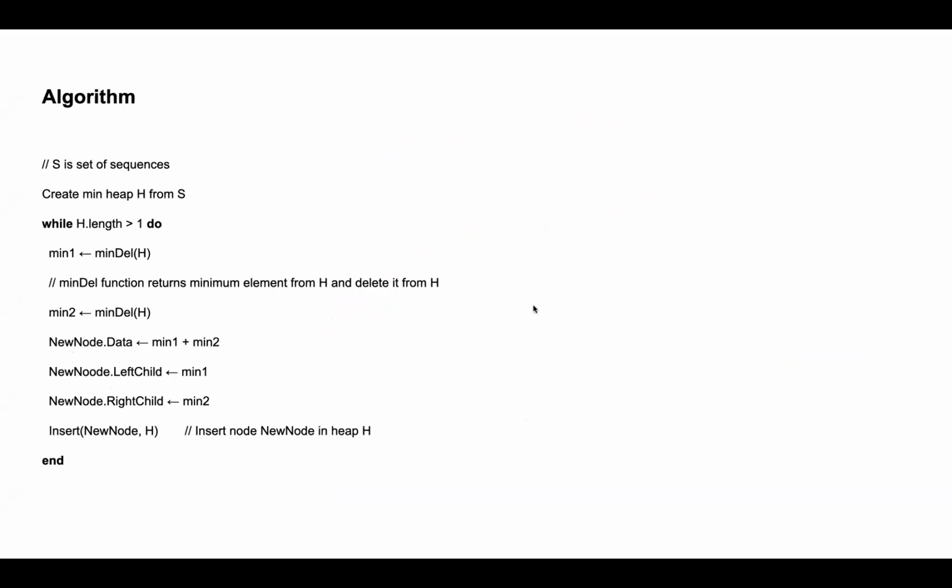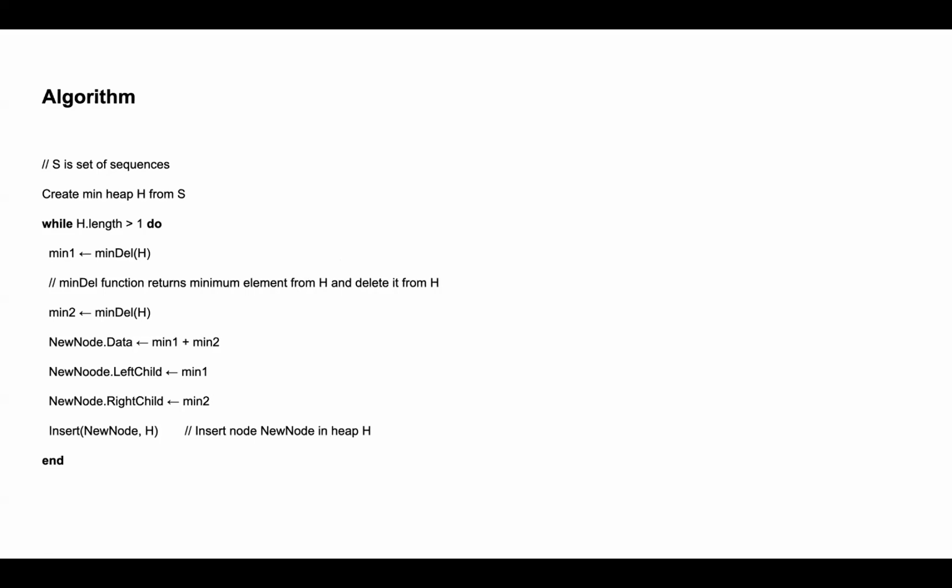Here a swap function will be used, swapping will be there. Okay, like that. And here, insert the new node in the heap again. First it takes the minimum data from this heap data structure, getting the two minimum data from the heap, adding them.